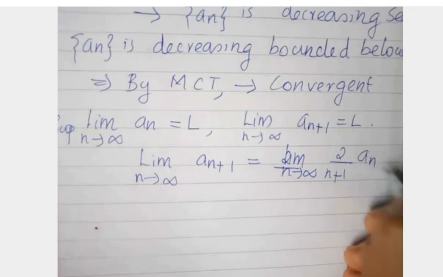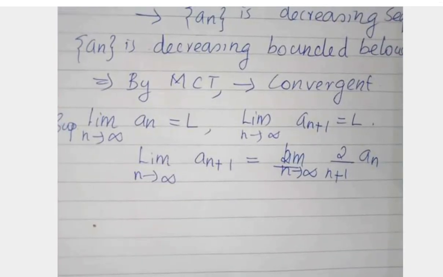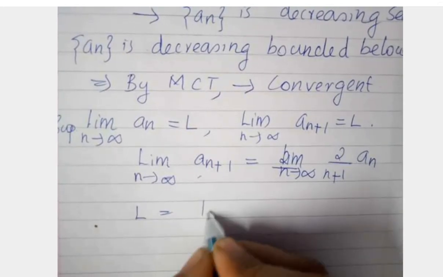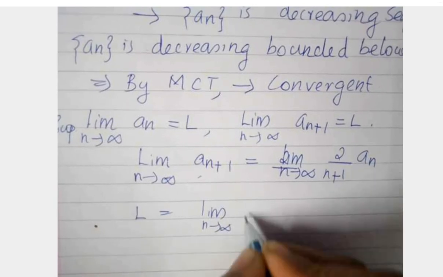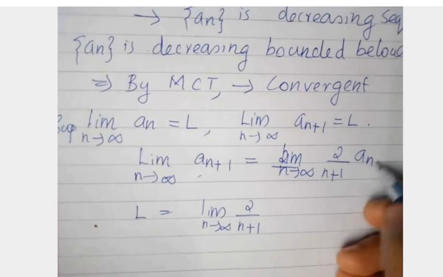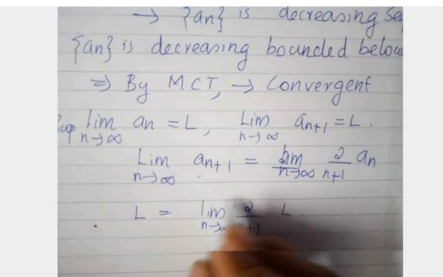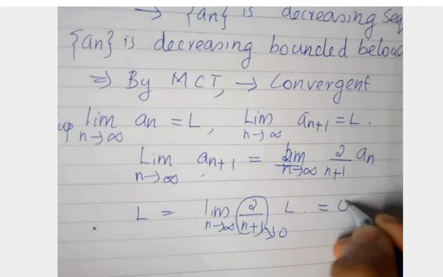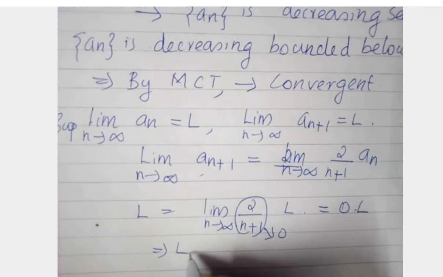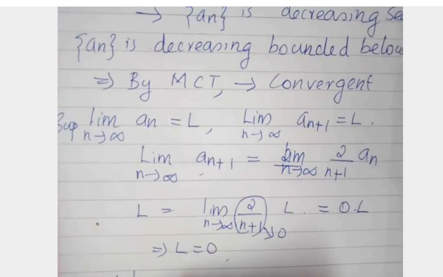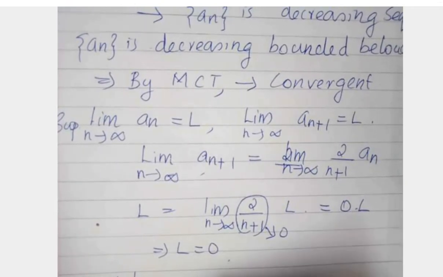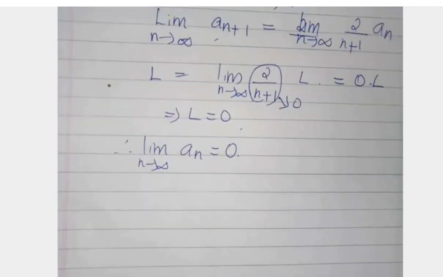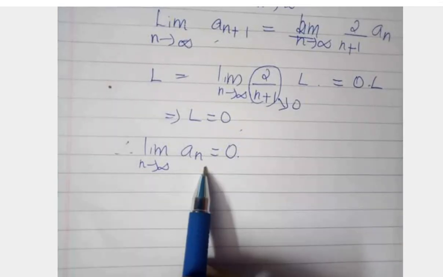So L equals limit n tends to infinity 2 by n plus 1 into limit of an, that is L again. As n tends to infinity, 2 by n plus 1 goes to 0. So this is equal to 0 into L, which implies L equal to 0. That means limit n tends to infinity an equal to 0. So the limit exists and the limit is equal to 0.